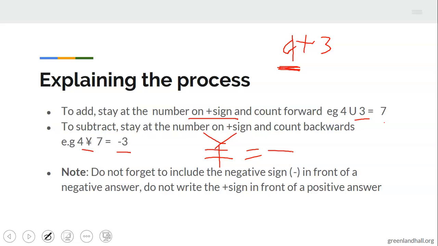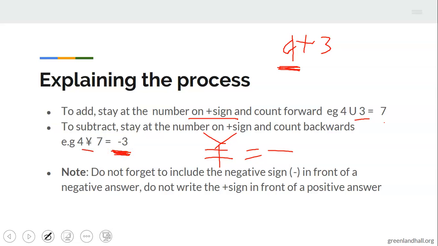Note, do not forget to include a negative sign in front of a negative answer. A negative answer means an answer that has a minus sign in front of it. So if your answer is negative, please write the minus sign, just like I wrote minus 3 here.